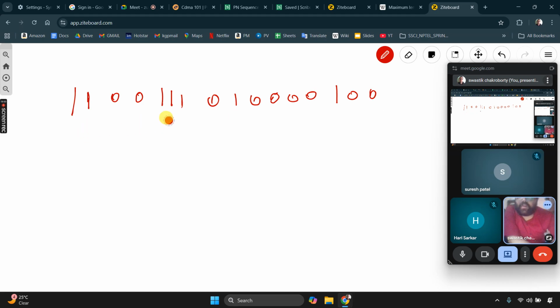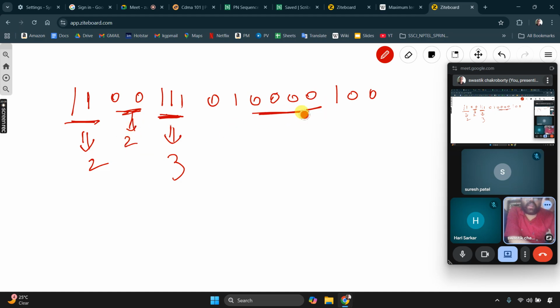What is the run of 1 here? 3. There is a run of 2. There are no other runs of 1. For 0, there is a run of 2, there is a run of 4, and then again a run of 2. So ones have a run of 2, then a run of 3, and zeros have a run of 2, then a run of 4, then a run of 2.